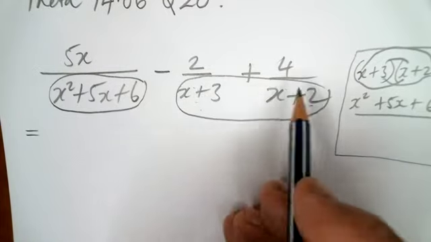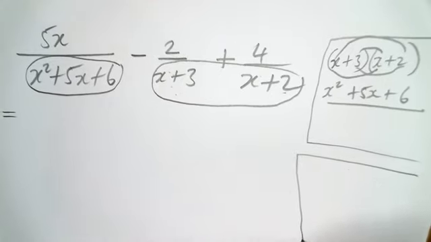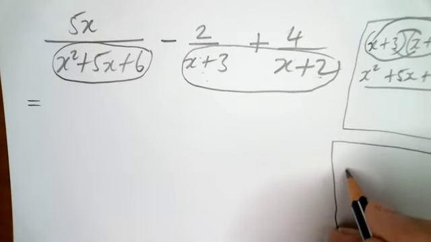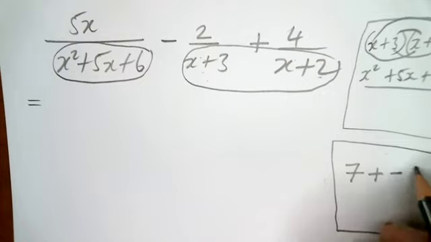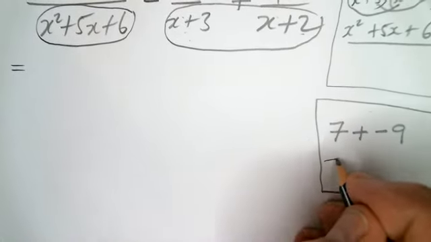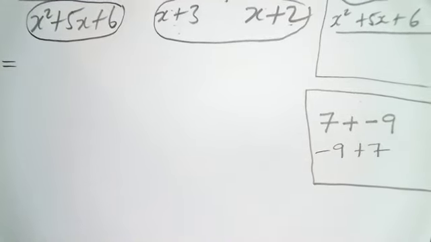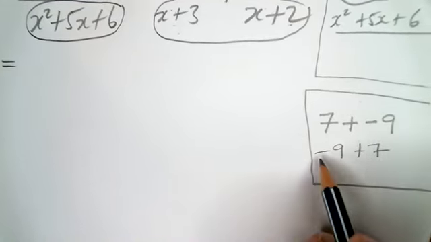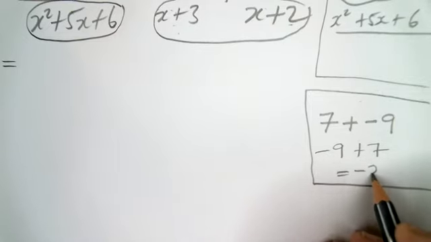In other words, let's imagine you had 7 plus negative 9, or you had negative 9 plus 7. It really makes no difference. 7 minus 9 or negative 9 and 7 is still going to equal negative 2.